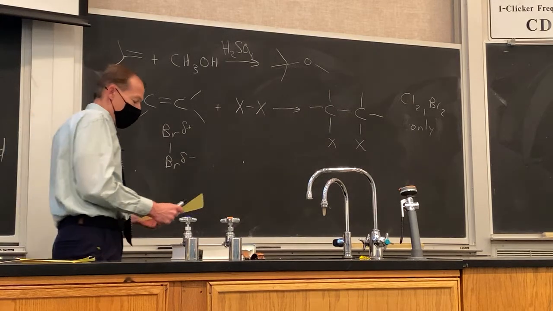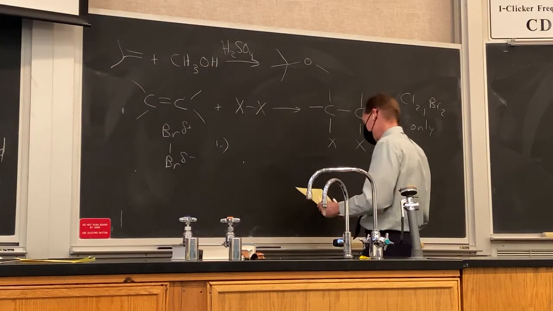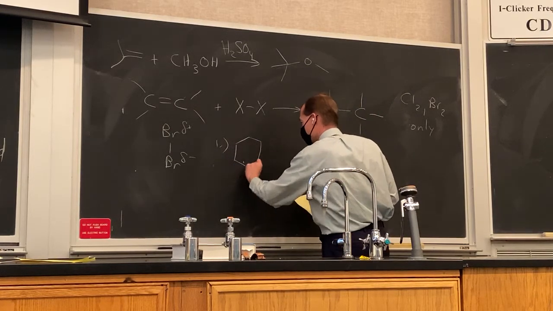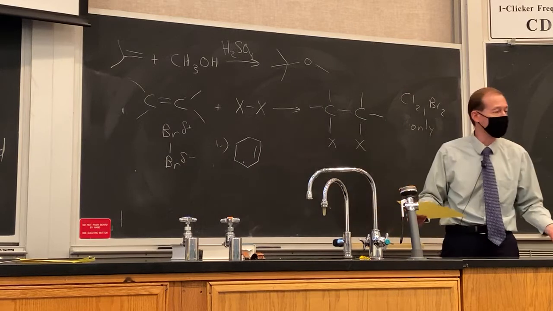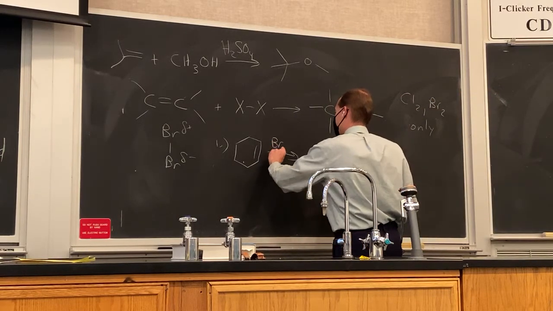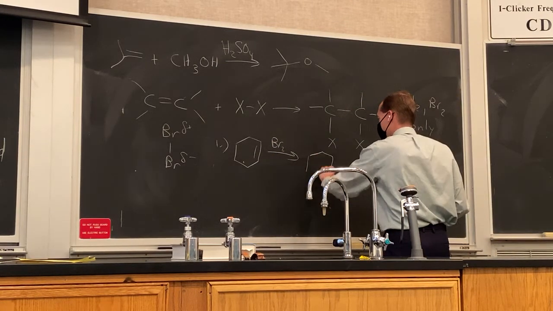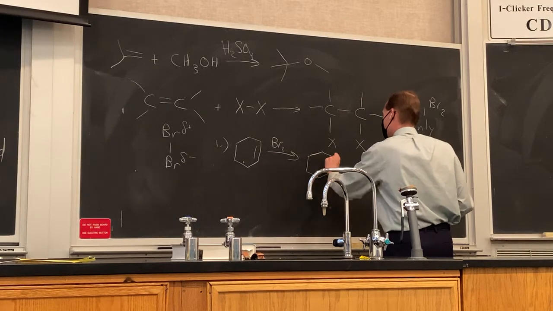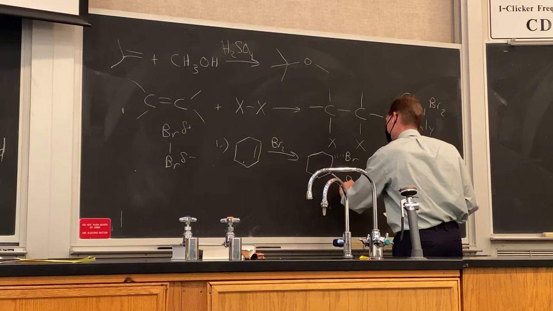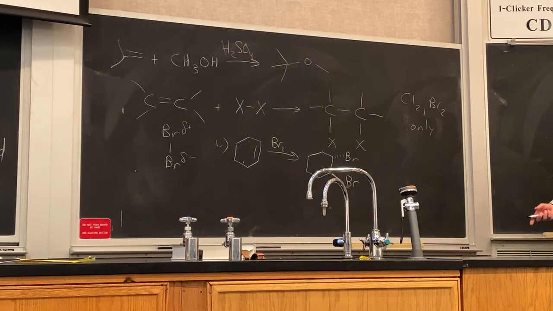Okay? So a little bit of data that we have here. This is the reaction I did for you in the test tube. I had cyclohexene, and I reacted it with bromine. This reaction gives a dibromide, but the bromines are only going to be trans to each other.